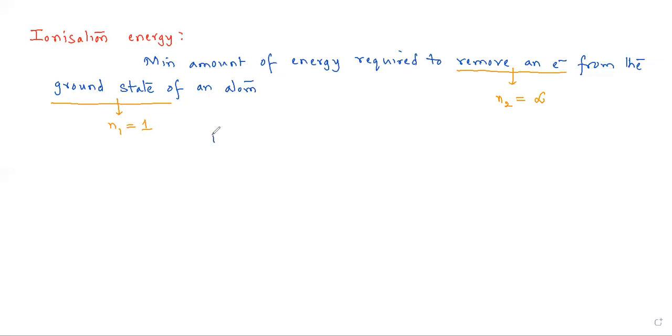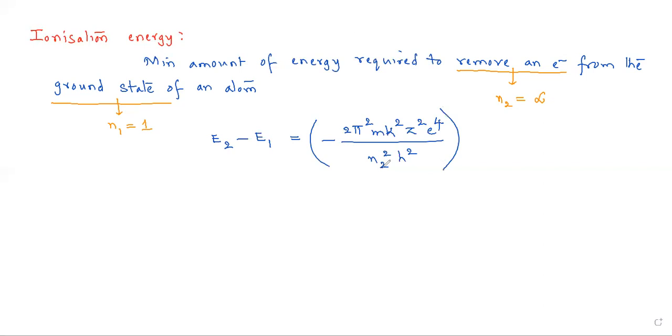Now let us consider E2 minus E1. Total energy of electron in the higher orbit minus the total energy of electron in the lower orbit. Come on, we know that the energy expression can be given as minus 2 pi square m k square z square e to the power 4 by, because this is E2, let me write this as n2 square h square.